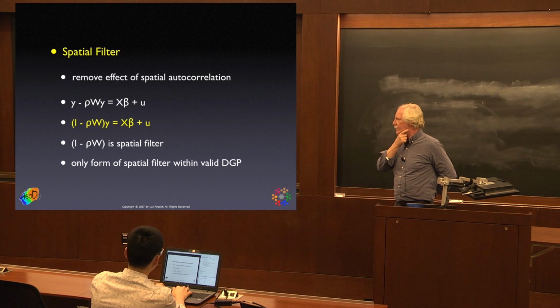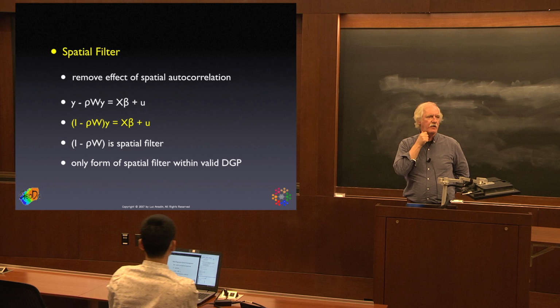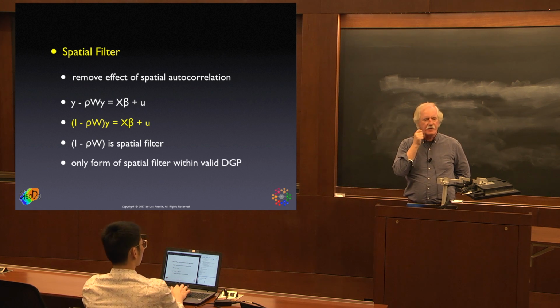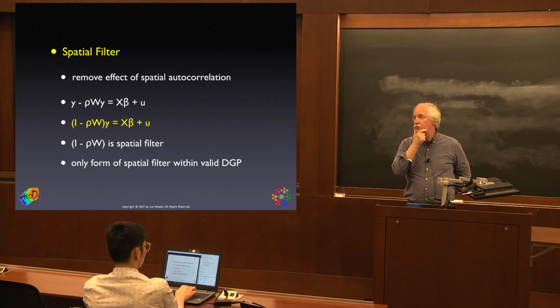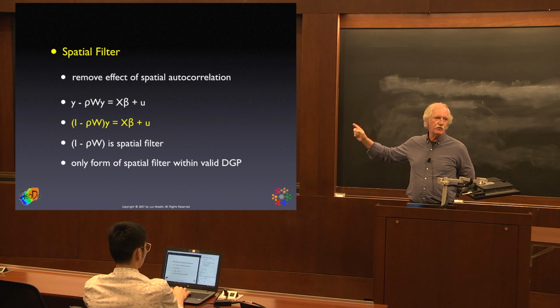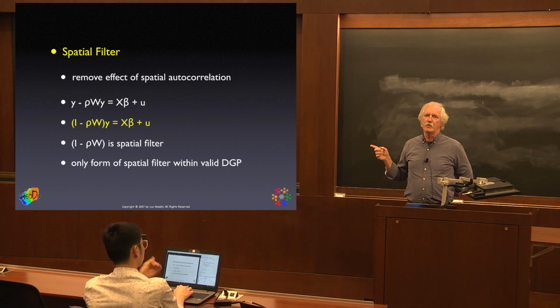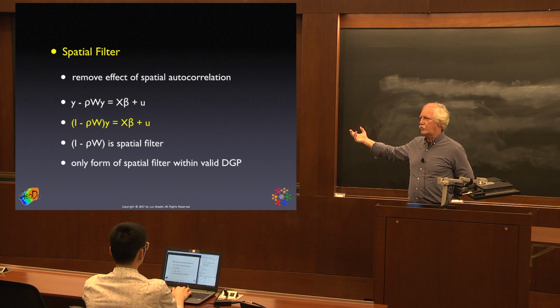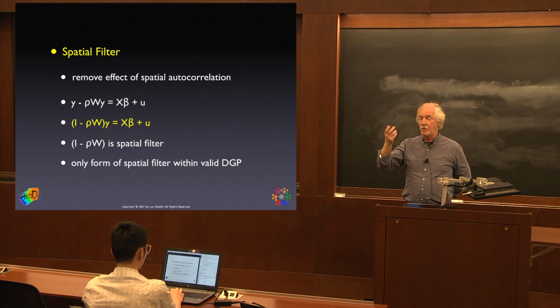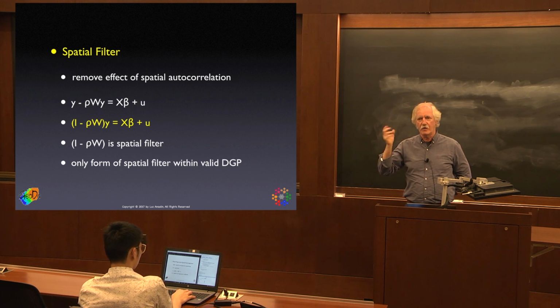So what we have here is something very similar to detrending in a time series. But there are two differences. One is that simple detrending assumes that rho is 1. And a value of 1 for rho is not admissible. Because in order for this to work, this matrix, remember the variance-covariance matrix, has to be positive definite and all that stuff.